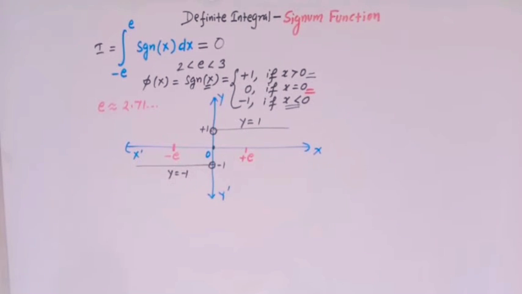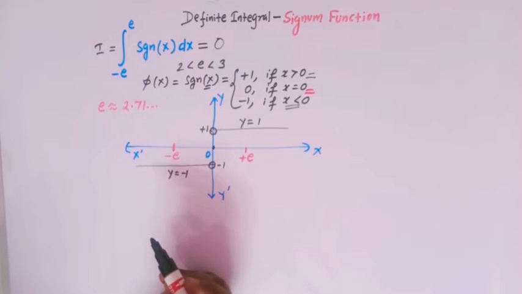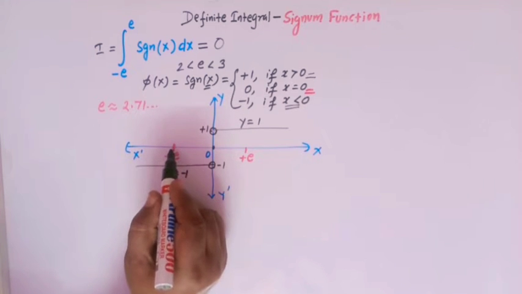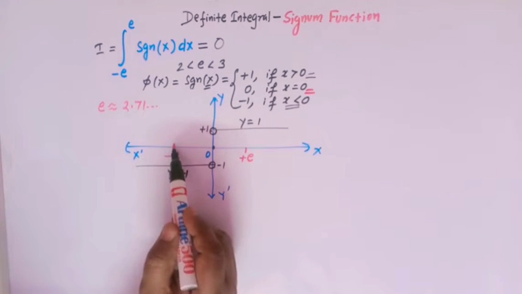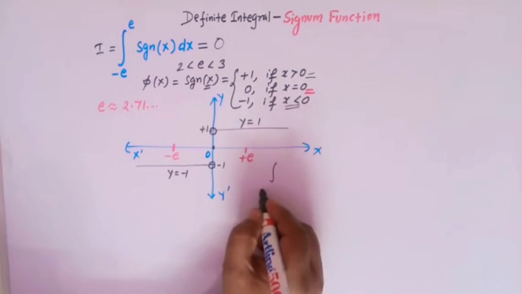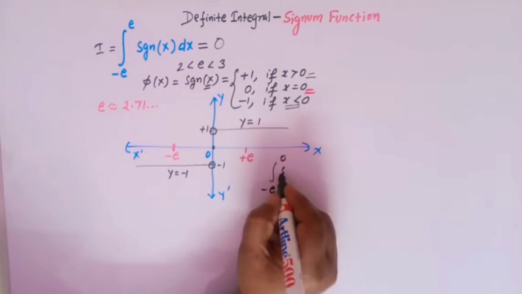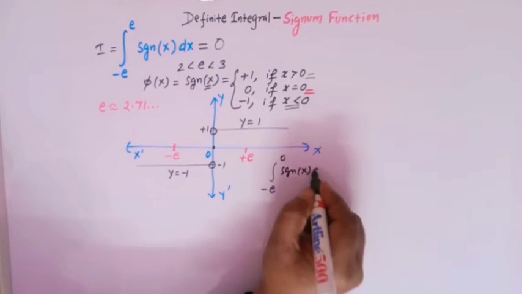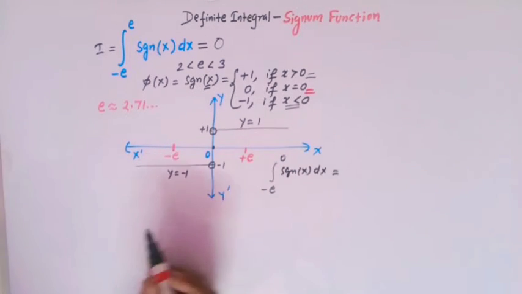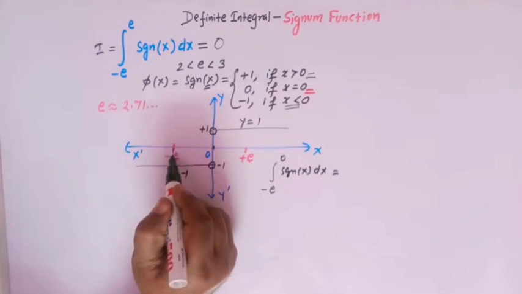Okay, and now from the definition of a definite integral, we know that a definite integral represents the area under the curve, right? So when we integrate signum of x dx from minus e to 0, then we get this area, right?